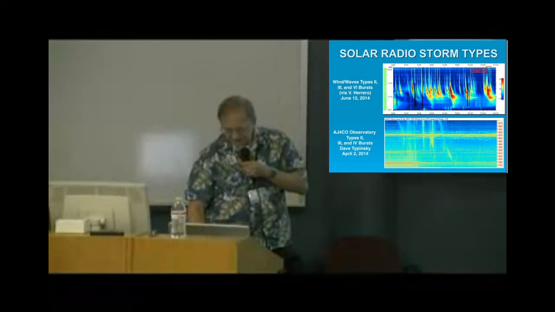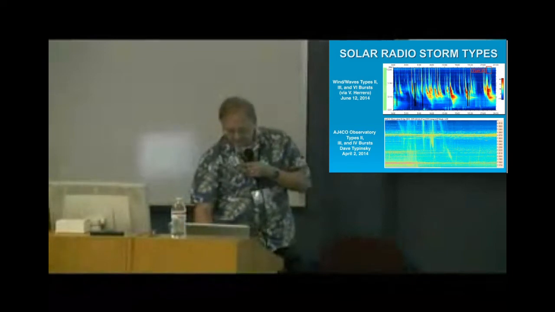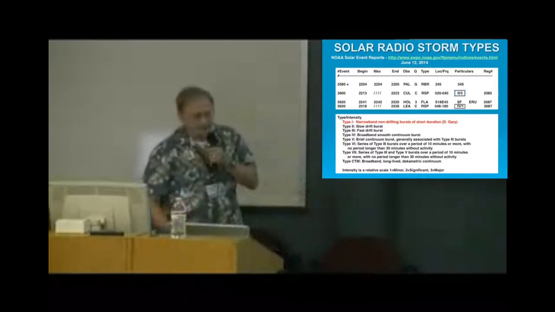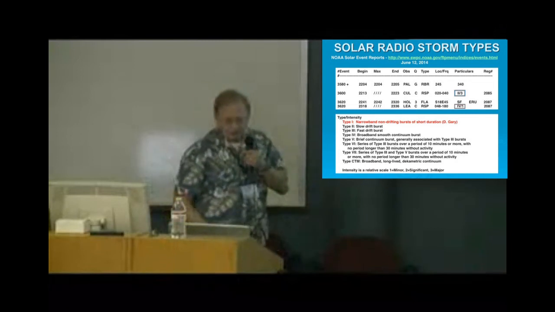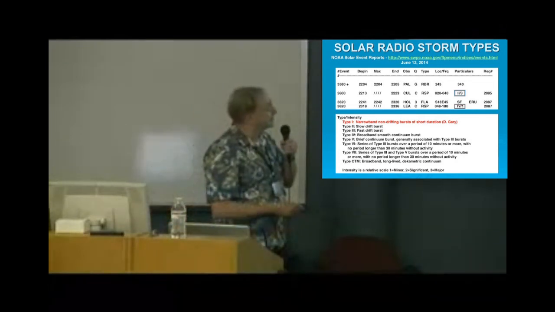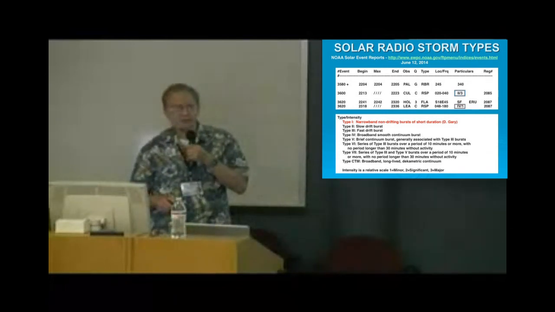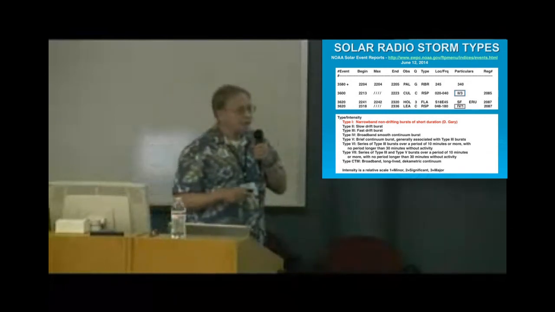So if you want to know a little bit more about type 3s and type 2s and so forth, one place to go is the NOAA Space Weather Center, where they keep track daily of the events that happen around the world.